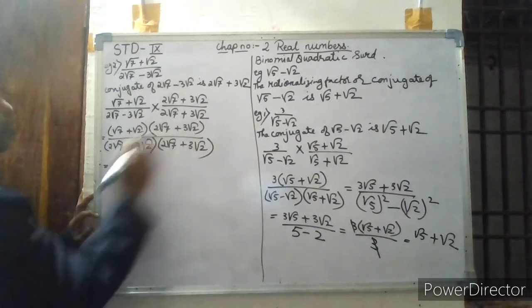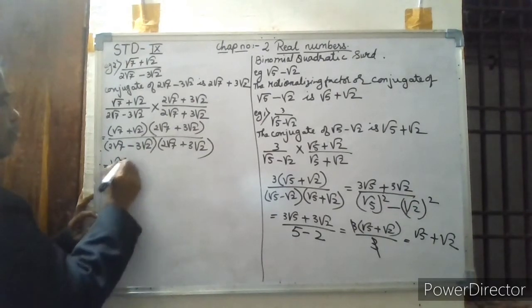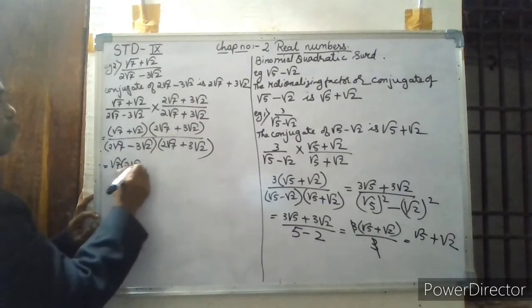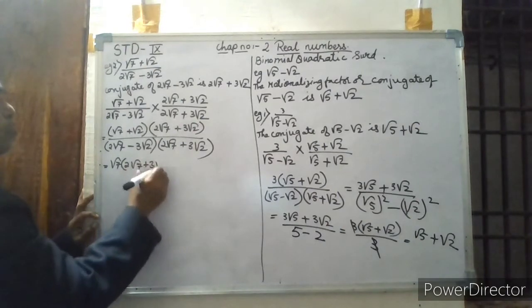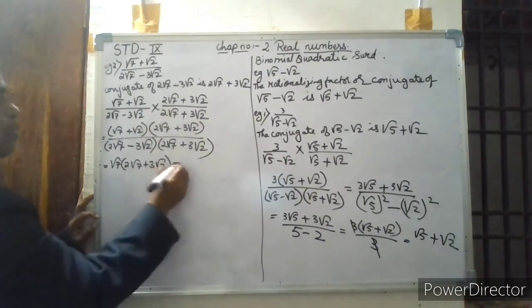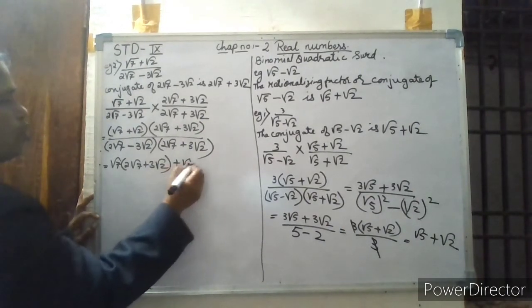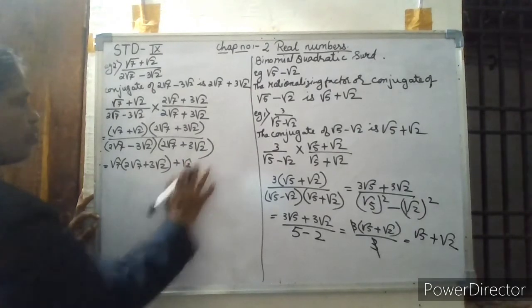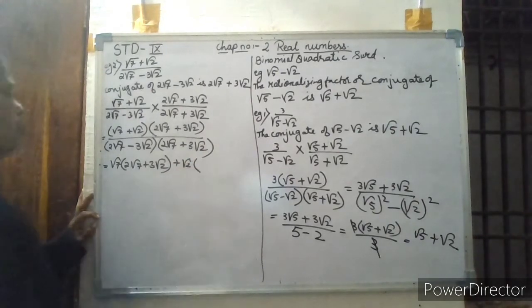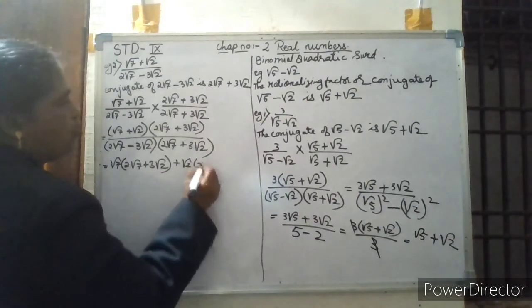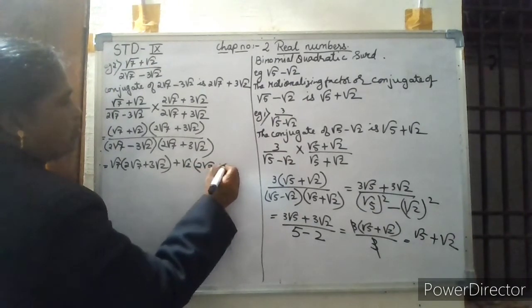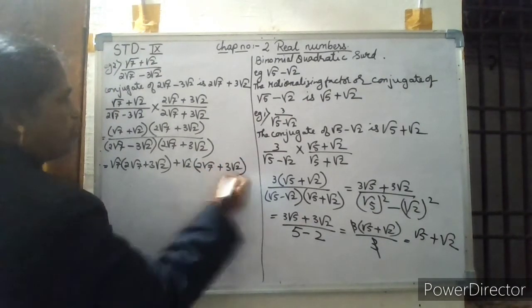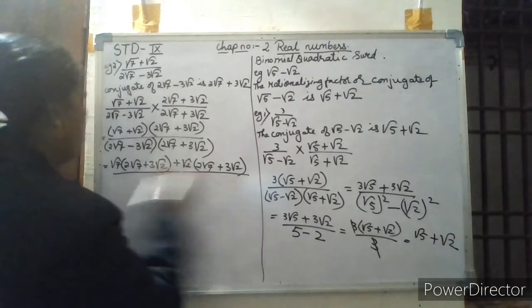So root of 7 into 2 root of 7 plus 3 root of 2. Then plus root of 2 into 2 root of 7 plus 3 root of 2. Monomial into binomial, monomial into binomial.